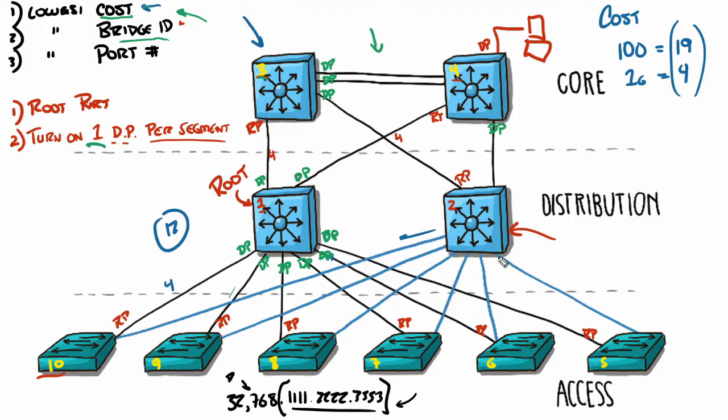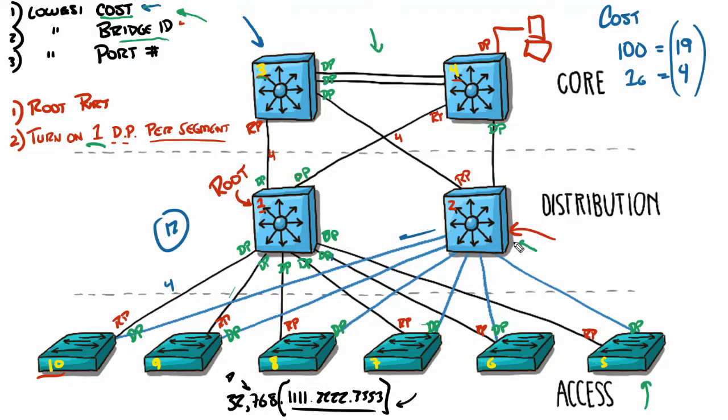What about this? We've got this guy with a cost of 8 to get there. And look at all these guys, they're all direct to the root bridge. So they win, they got the better cost. So designated port. I know you may think, that's bad, that guy should have it.